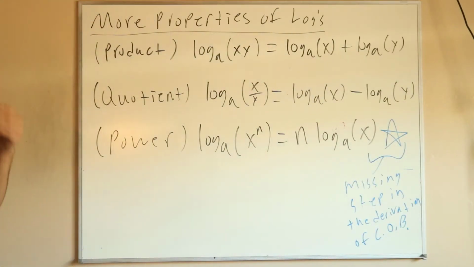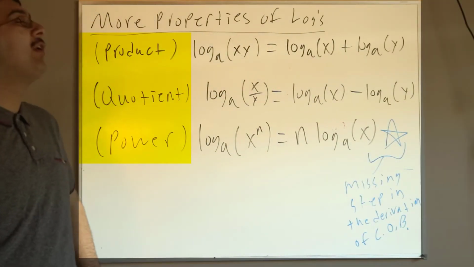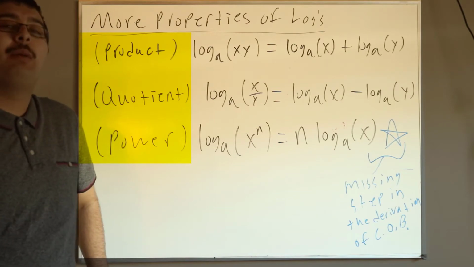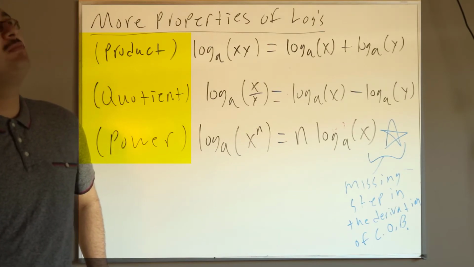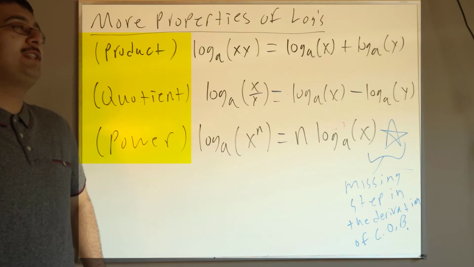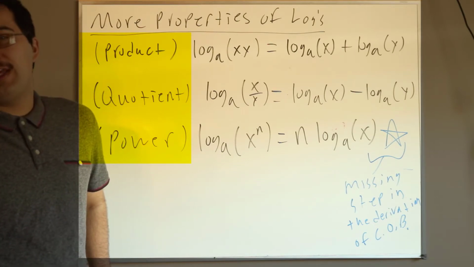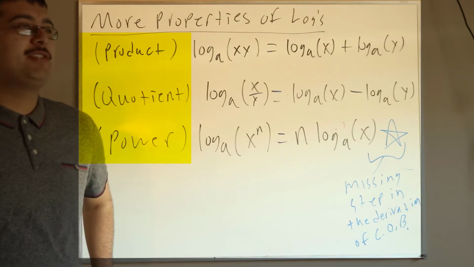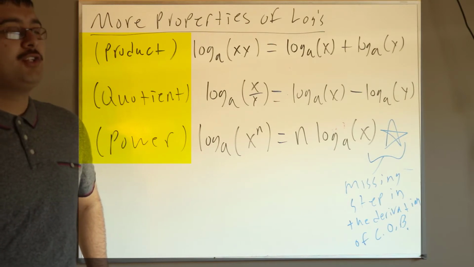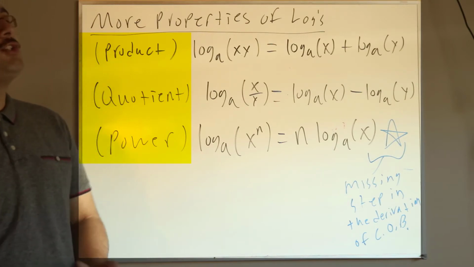Okay, so here are three new properties of logarithms. These are extremely helpful properties of logs when you're doing any problem that involves logarithms. There's a solid 80% chance you're going to end up using one of these three properties in some manner. They just happen all the time. Logs get super messy.